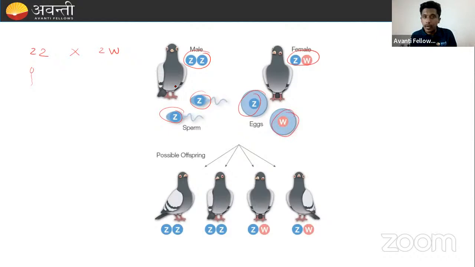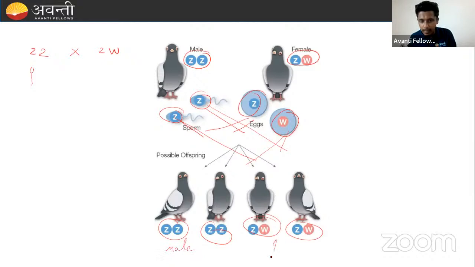So whenever a Z sperm mates with a Z egg, we have a male. Whenever the sperm mates with the W type of egg, then we have a female. Here it is male, here it is female. Sorry, people.